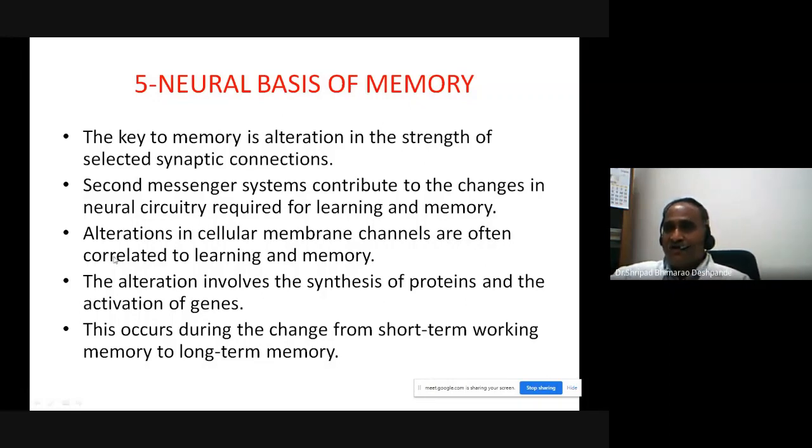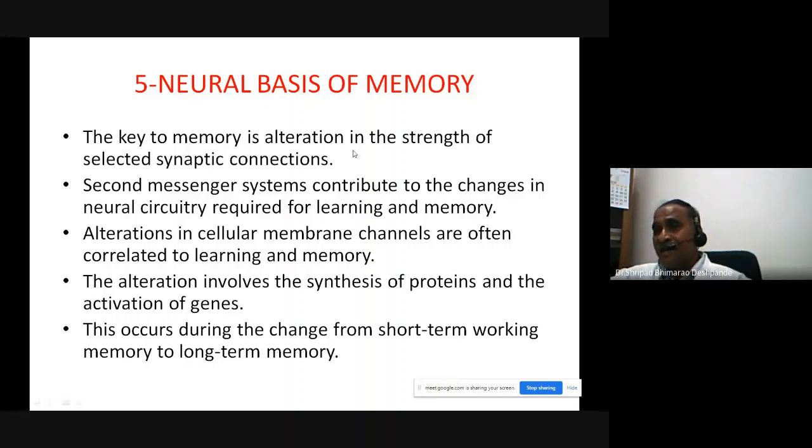So they are correlated with learning and memory. Memory and learning also involve the synthesis of new proteins, for neurotransmission, ion channel expression, receptor expression, neurogenesis, and so on. That means the synthesis of new proteins, genetic expression, and the activation of genes. This occurs during the change from short-term or working memory to long-term memory.